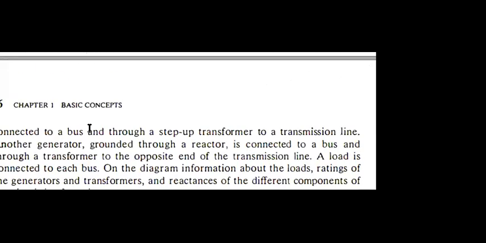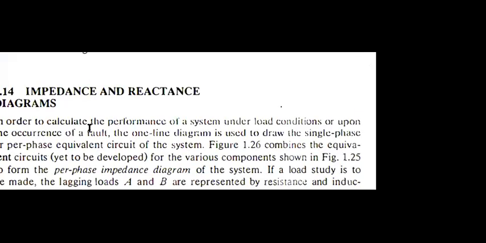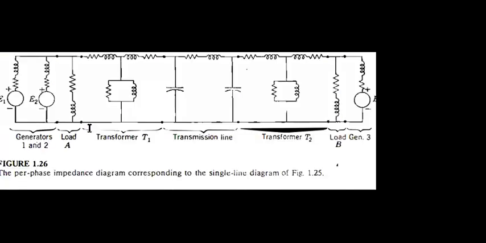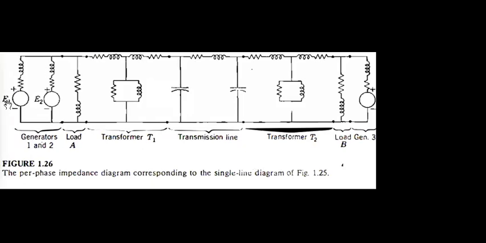Equivalent diagram. So we can see the picture in terms of the per phase impedance diagram, without having the information we just mentioned. Here you can see E1. This is the first generator, right?